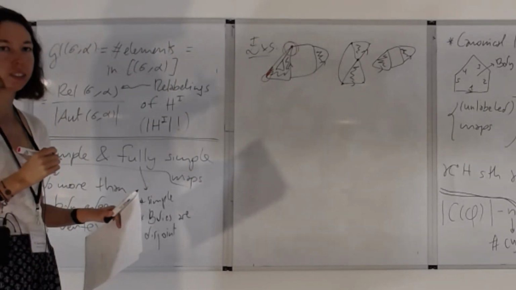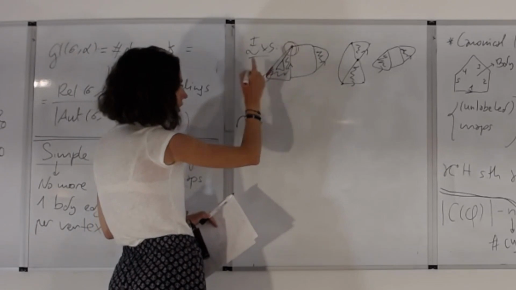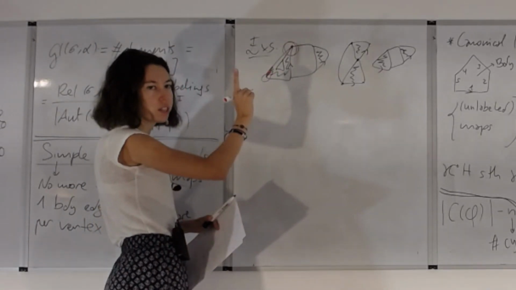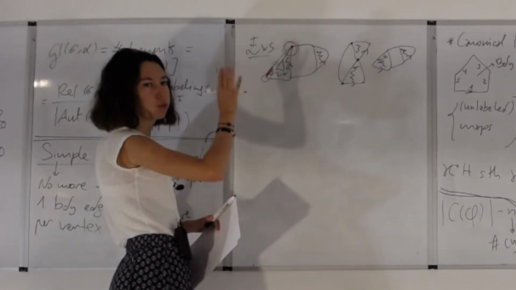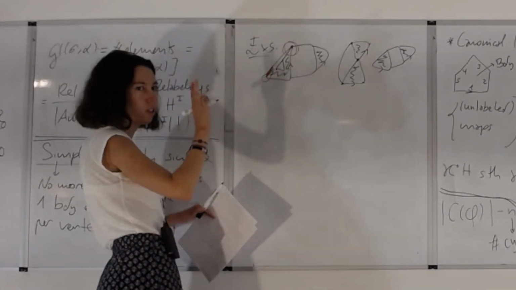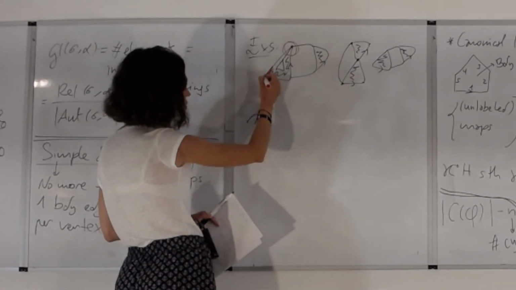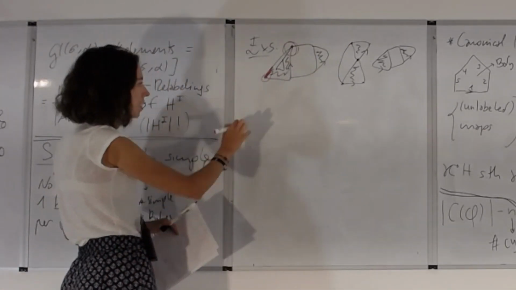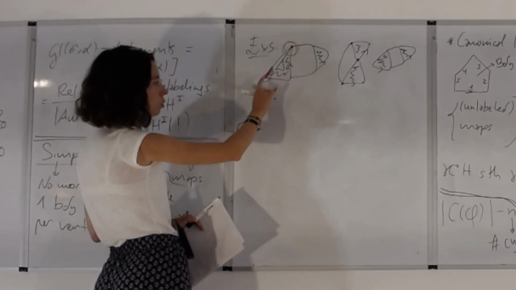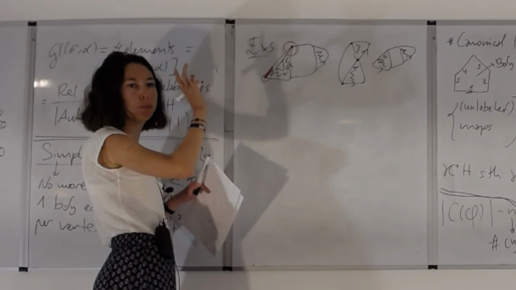Because one half edge from this one, one half edge from the other. Yes, but remember that we are counting half edges. Otherwise, I would have said at most 2 edges. But I'm counting half edges, so only this half edge belongs to this vertex. This one belongs to this one, and here this half edge is outgoing, so it doesn't belong to the vertex.